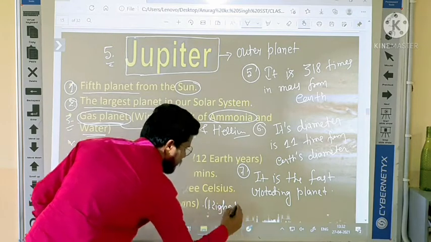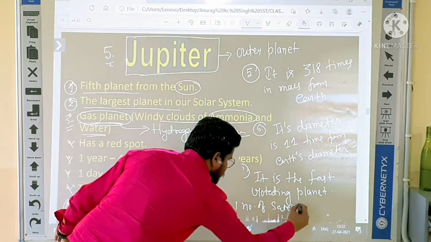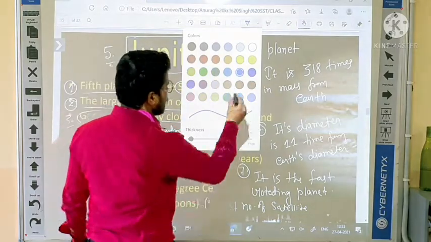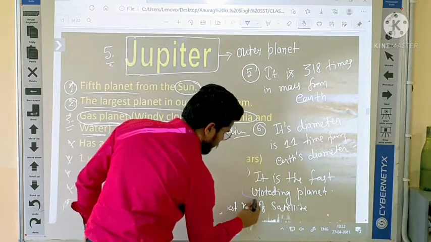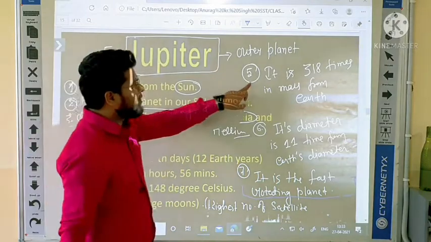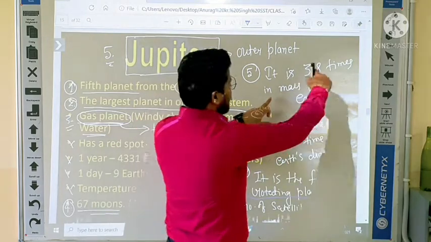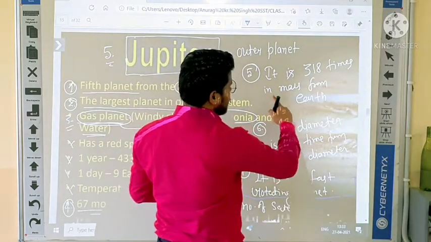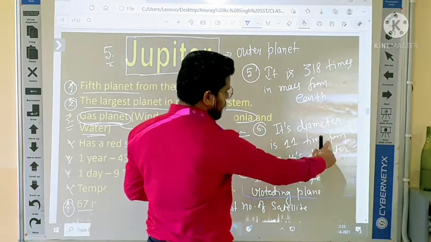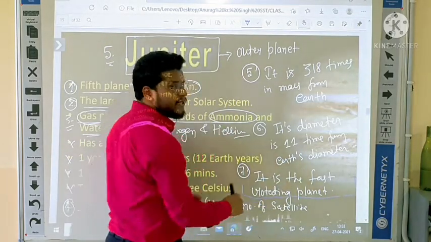After the fourth point, the fifth point is it is 318 times the mass of the Earth. The sixth point is its diameter is 11 times the Earth's diameter. And the seventh point is it is the fastest rotating planet.